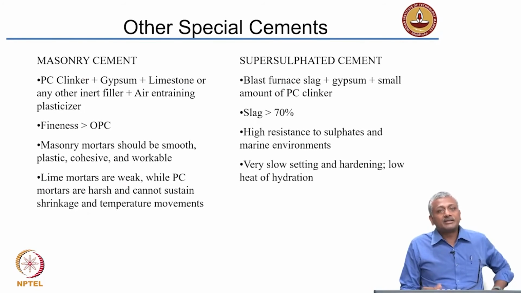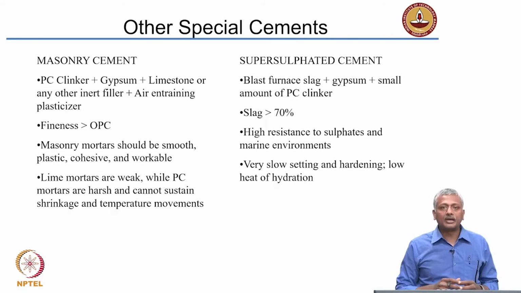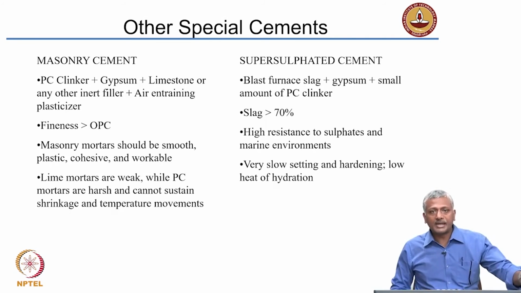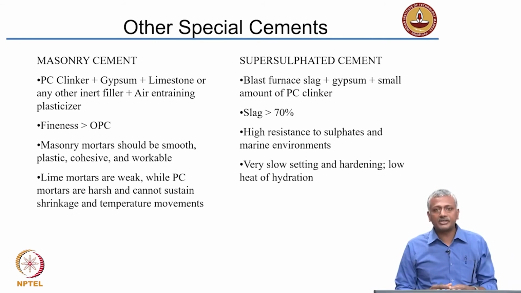Sometimes, in some markets, you may also have special purpose cements for masonry applications, where we don't want to use lime, and we don't want to use normal cement because it produces very high heats of hydration and can cause cracking of your plaster, for instance.